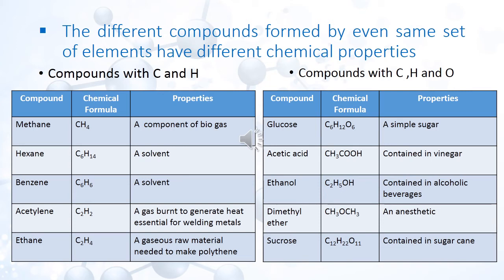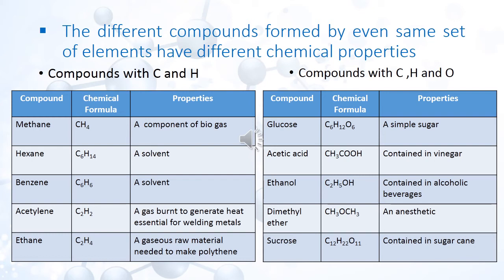The elements contained in the smallest unit of a compound cannot show the properties of that compound. Even though a water molecule is formed by hydrogen and oxygen, the water molecule doesn't show the properties of hydrogen or the properties of oxygen. It shows the properties of water.